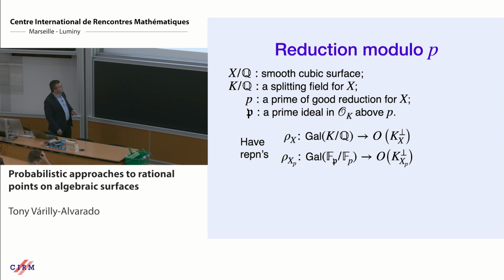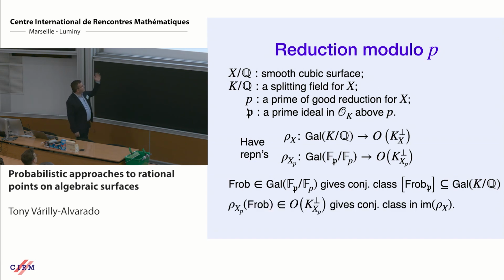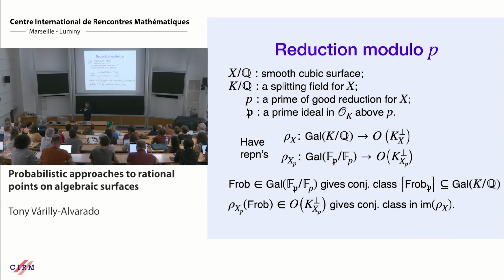The idea is that once I work over finite fields, I have Frobenius. Frobenius is awesome. I have this canonical element that gives me some kind of conjugacy class in my original Galois group. When I look at the image of Frobenius, if I see how Frobenius is moving the 27 lines over Fp in the reduced del Pezzo surface, then I can lift it to some conjugacy class in the image of my original representation.